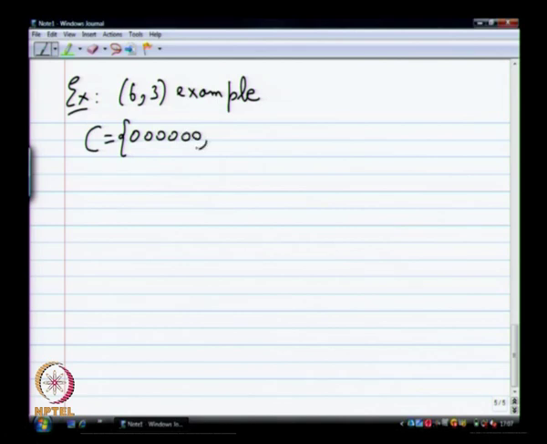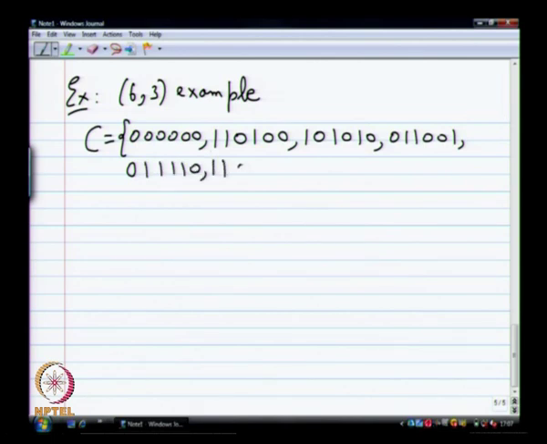Let me try and do this off the top of my head. I think it is 110100, am I right? 101010 and then 011001, then 410, then 0011, 101101, 011011, and finally 000111.